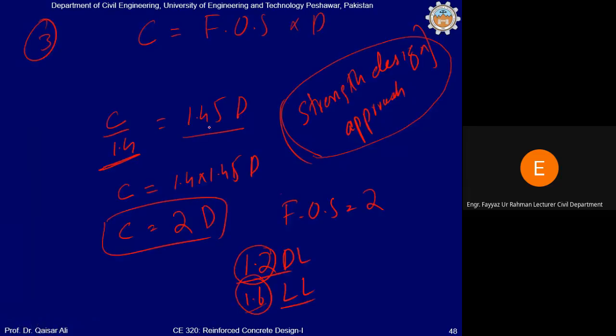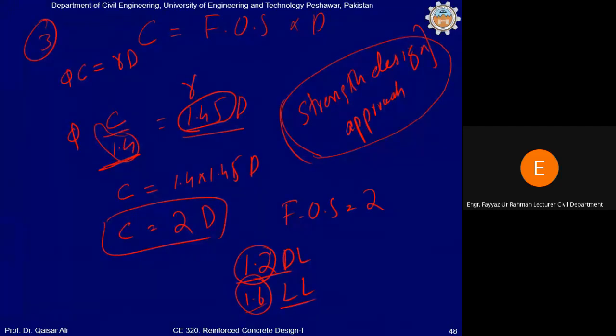Okay, now in case of strength design approach, this increase in the demand, this factor, this is denoted by gamma. This is basically load factor, and this factor, which is 1 divided by 1.4, this is denoted by phi. So the capacity is reduced by phi. φC is equal to γD.